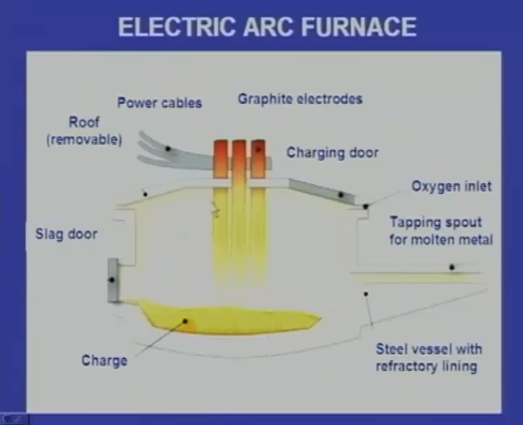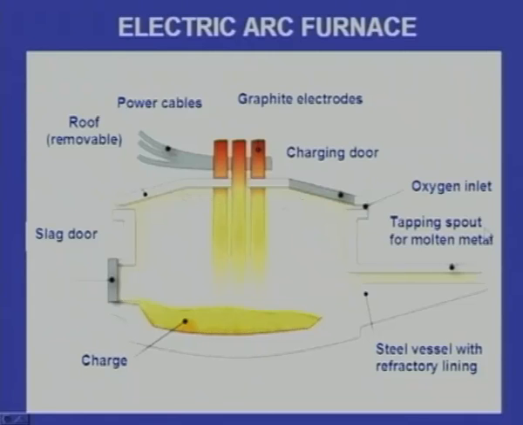So these are the different components of the electric arc furnace. It is a steel shell, here we can see a steel vessel with refractory lining, and here we can see the slag door through which we remove the slag. Here we can see the removable roof.